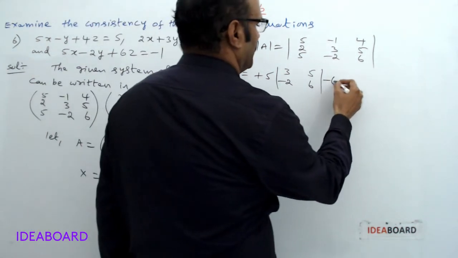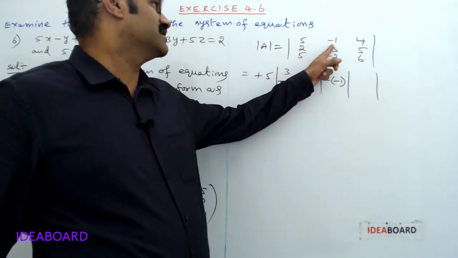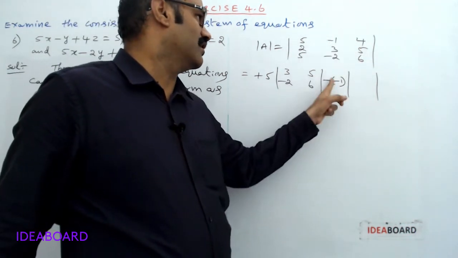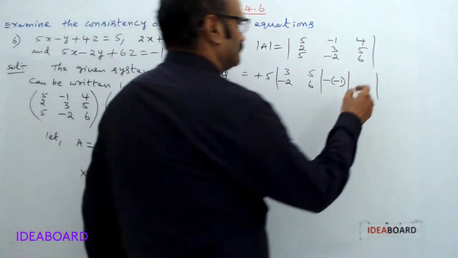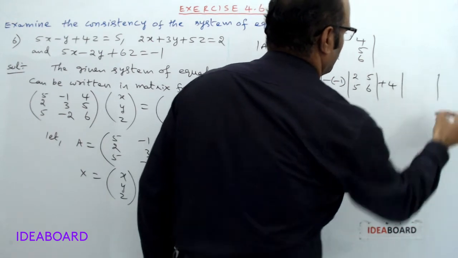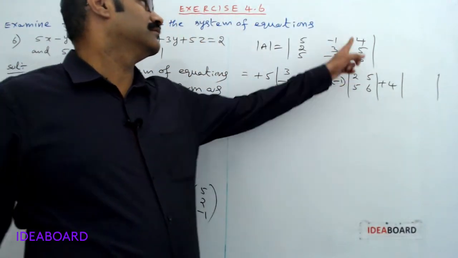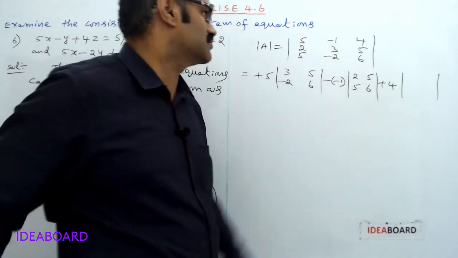Next, minus of minus 1 into determinant of the element minus 1 lies in first row and second column, so 2, 5, 5, 6, plus 4 into determinant of, 4 lies in first row and third column, 2, 3, 5, minus 2.